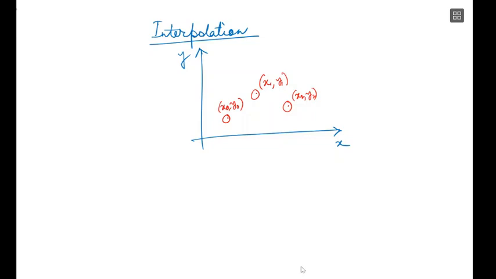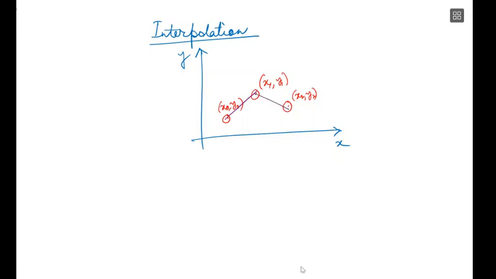And I wish to know the value of the function at some other point based on the known values of the function. So what can I do? I can just join the points like this.